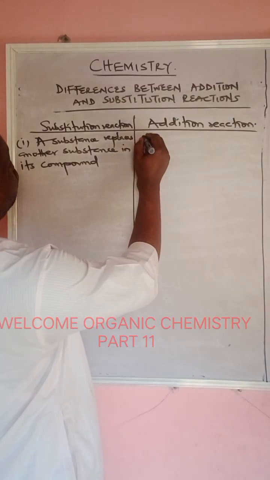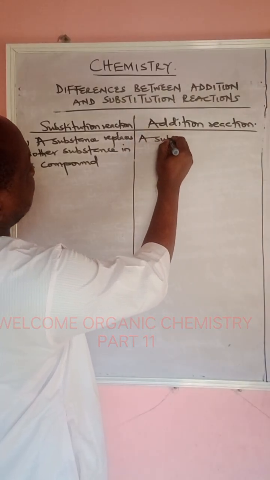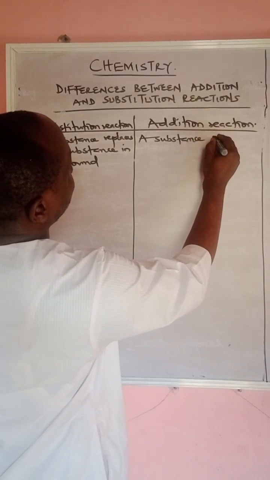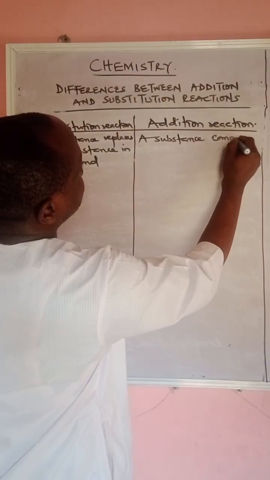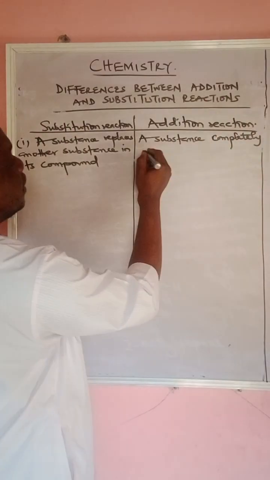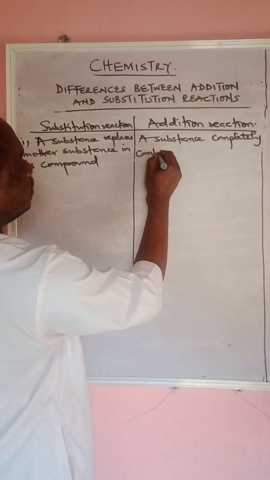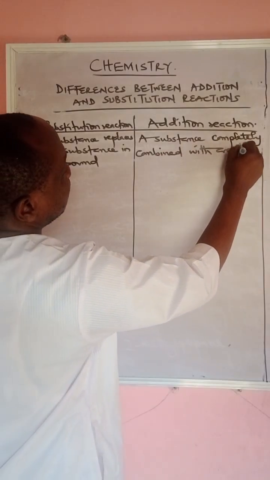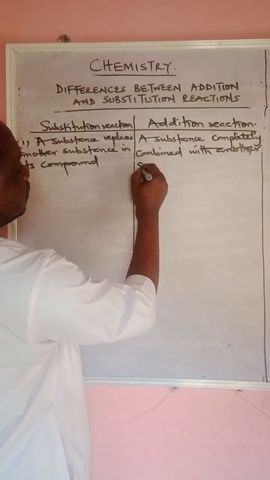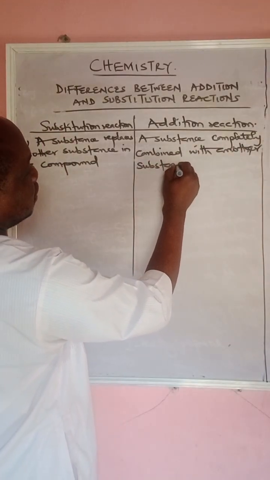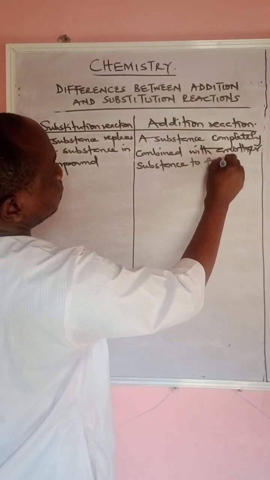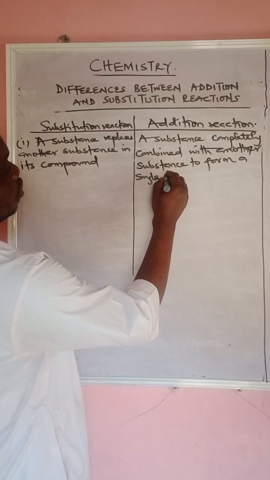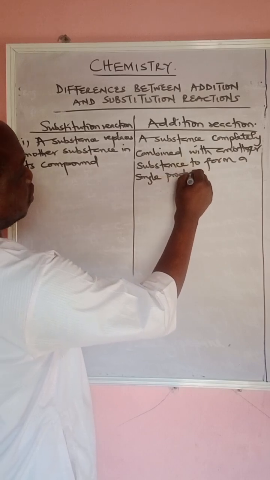Under addition reaction: a substance is completely combined with another substance, compound or element, to form a single product or compound.